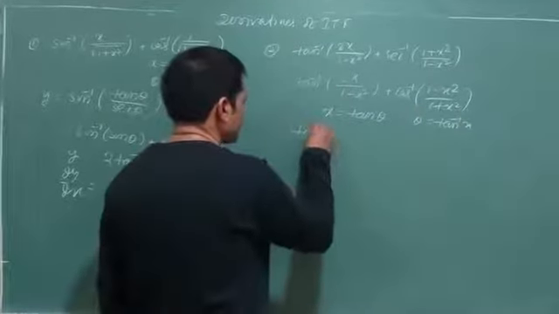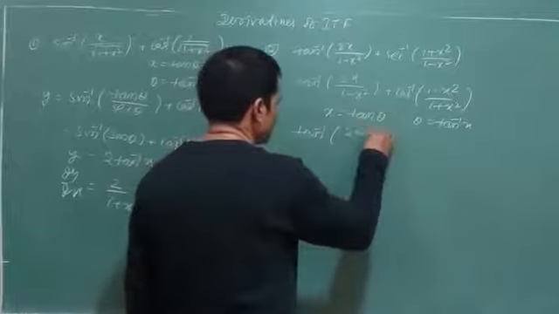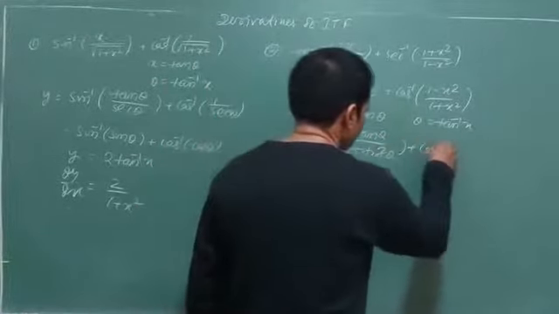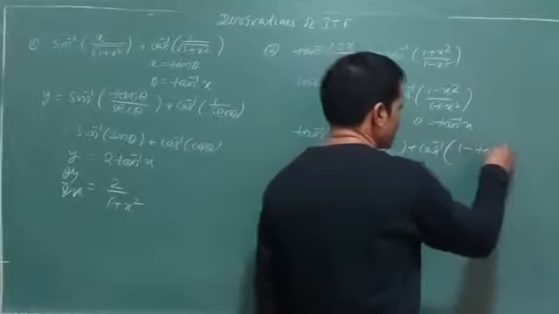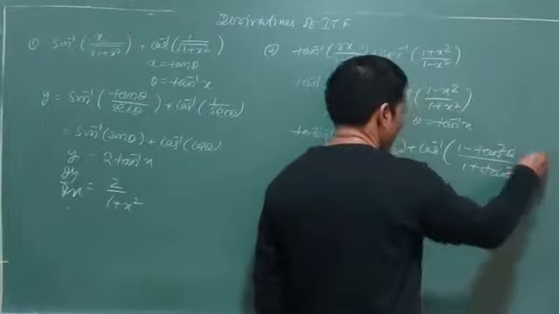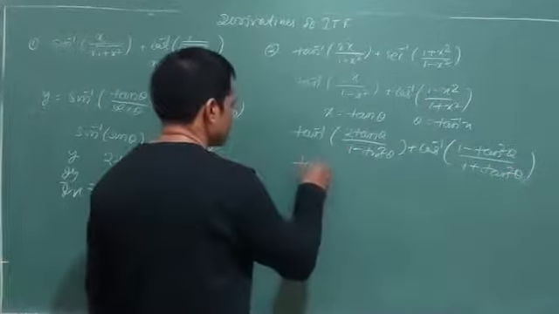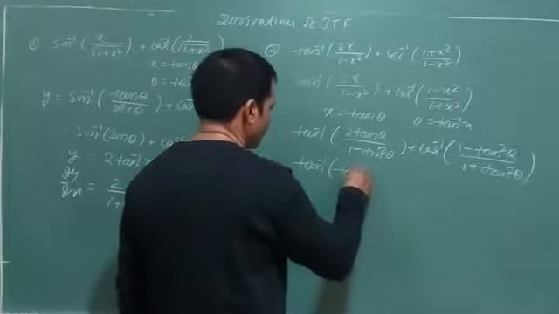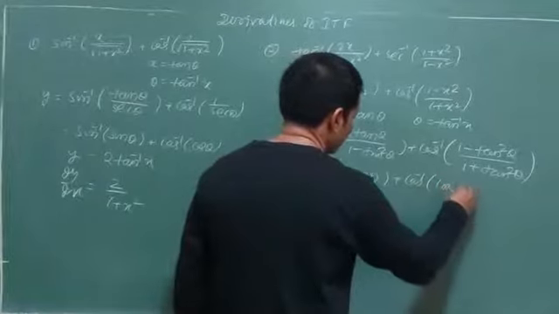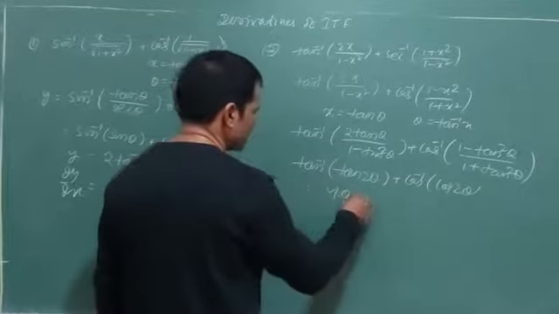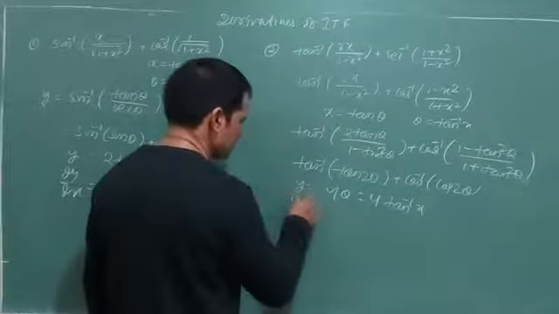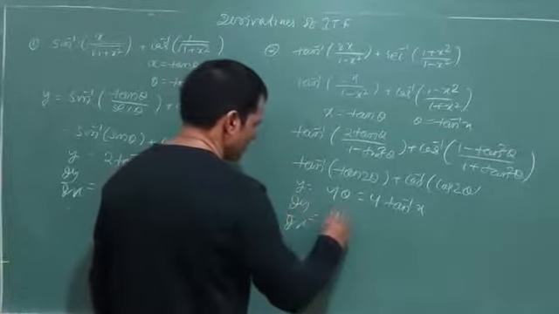Tan inverse 2 tan theta by 1 minus tan square theta plus cos inverse 1 minus tan square theta by 1 plus tan square theta. That becomes tan inverse of tan 2 theta plus cos inverse of cos 2 theta. That gives you 4 theta, 4 tan inverse x. So dy by dx is equal to 4 by 1 plus x square.